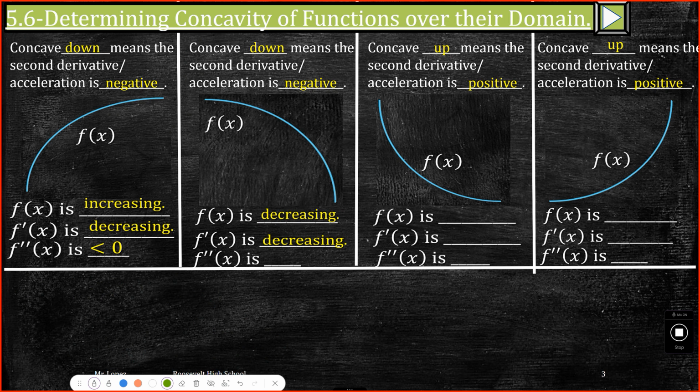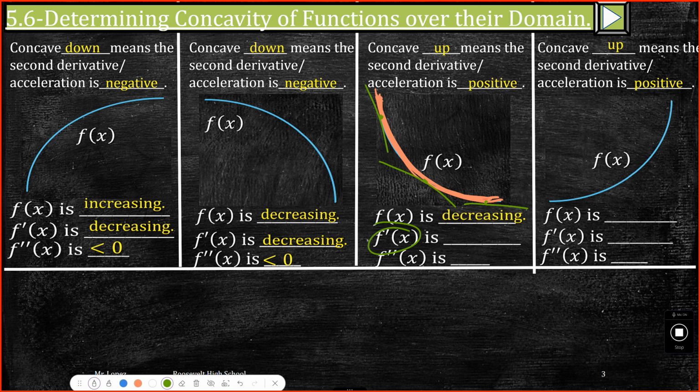So in this situation, what is f of x here? Is it increasing or decreasing? Decreasing. F of x is decreasing. F prime of x is doing what? What are the slopes doing? Because that's what f prime of x is, the slope.